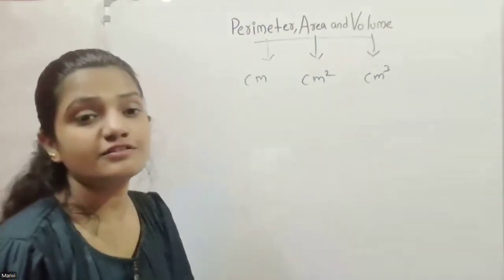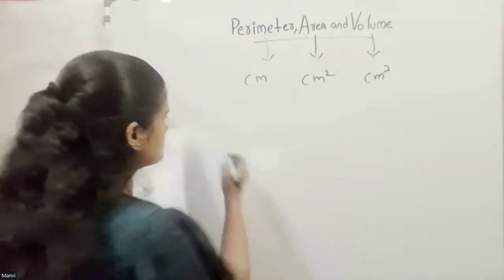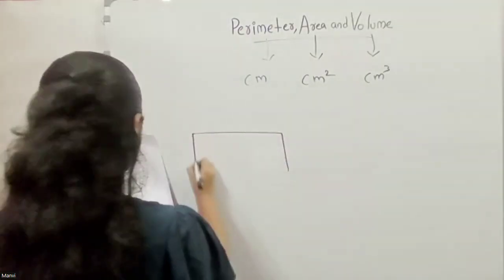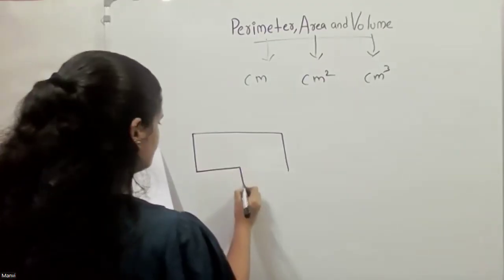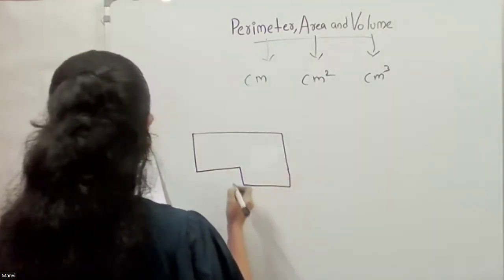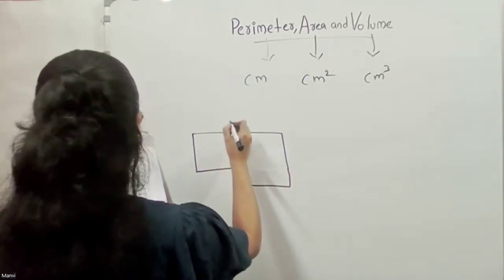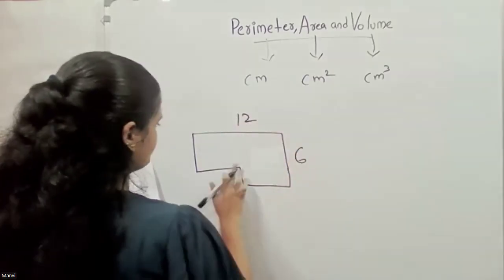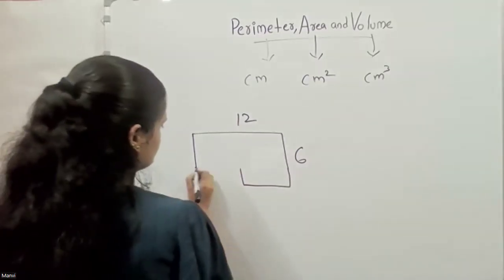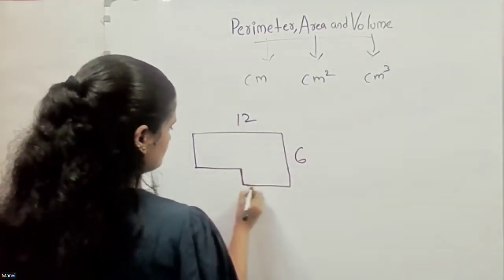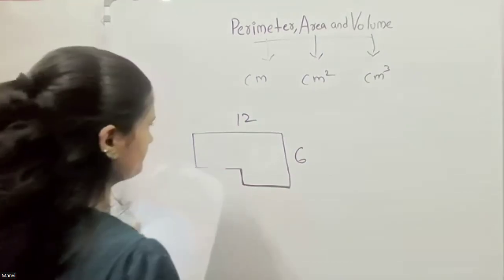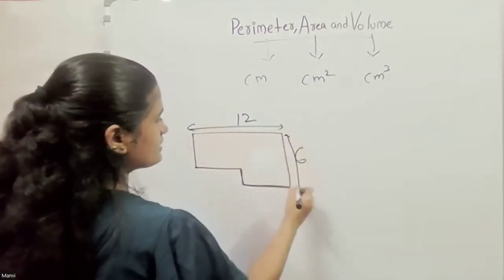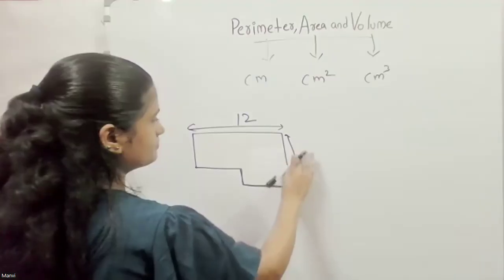And first, if we have a figure like this, okay, Kavya, what will be the perimeter for this shape? This is 12, that is 6. Tell me, Kavya, what is the perimeter of this shape?